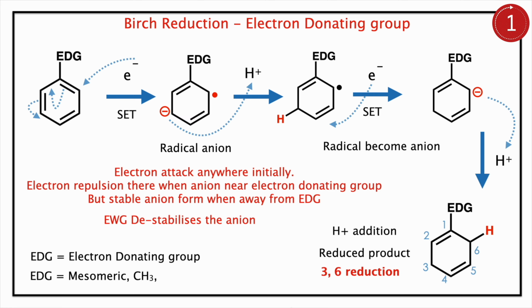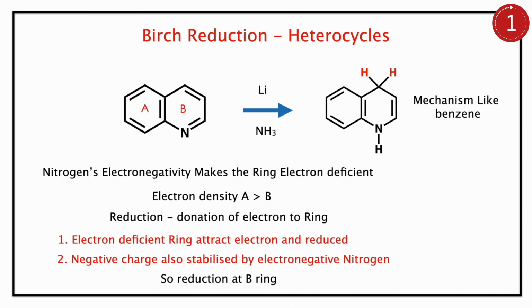Now we are seeing another case, that is the heterocycle case. In most real life situations, the rings contain a heteroatom. Here I have shown quinoline, A and B ring. B ring contains nitrogen. Here you may wonder where the reduction will happen.